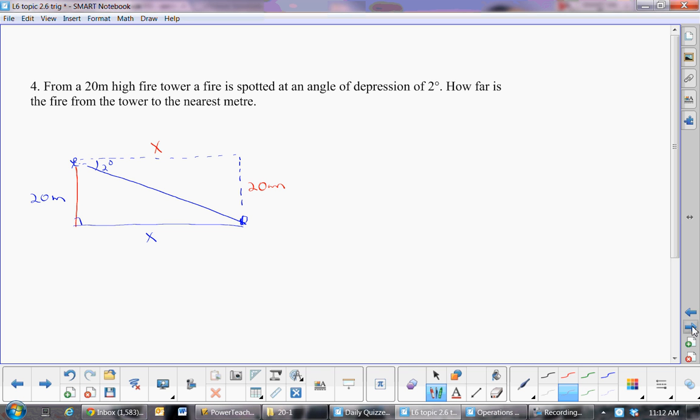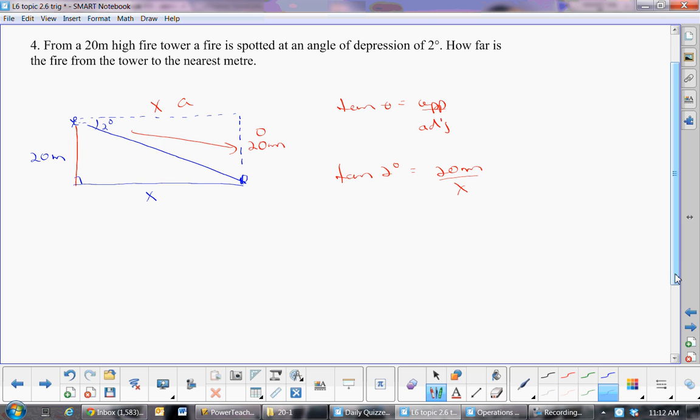So when I go to trig, what is it? This is my adjacent. 20 would be my opposite. So I'm going to use which one? Tan theta equals opposite over adjacent. Tan 2 degrees equals opposite is 20 meters over x. How do I go about solving this? Trade places.